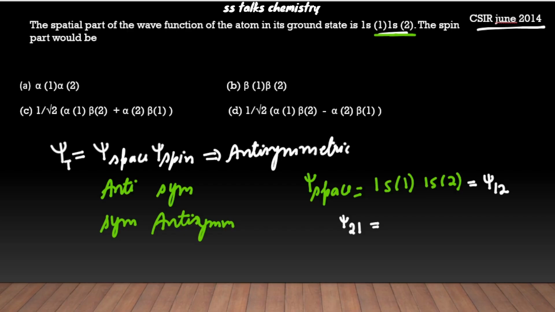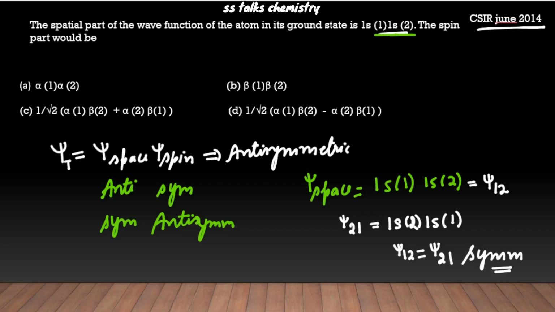If you get the same wave function, then that particular wave function is symmetric in nature. Now in this case, instead of the 1 here the 2 will be written, and in place of the 2 I have to write the 1. So again you see psi 1 2 is becoming equal to psi 2 1 only, which means the space part is symmetric in nature, right?